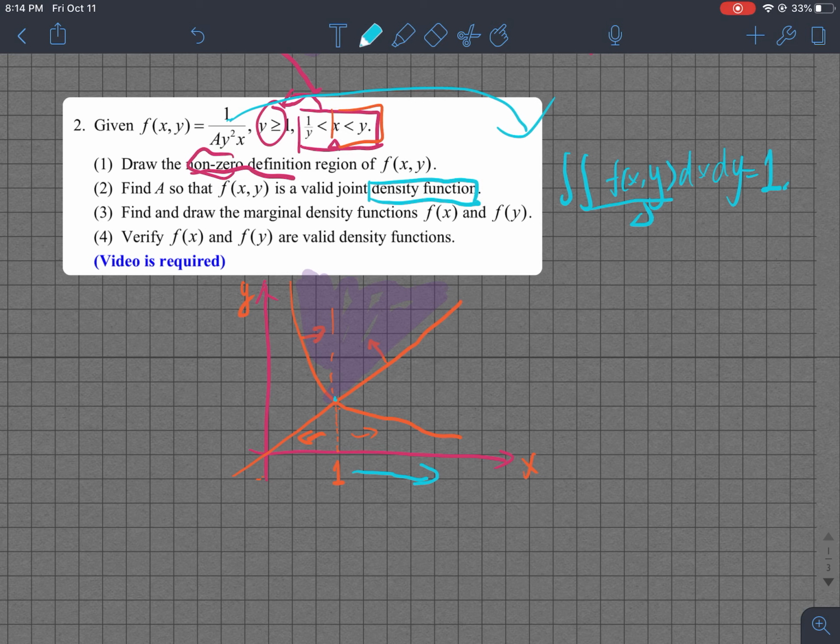We know that y runs over this part. This point is 1 over y, and this is y. So we need to compute each slice of this part to get the whole joint distribution.